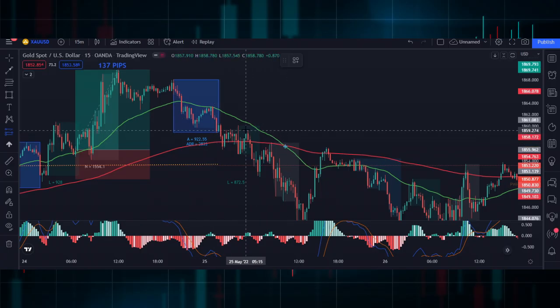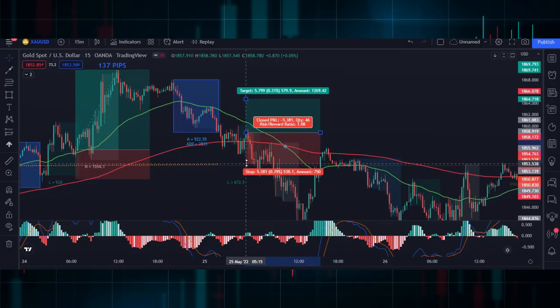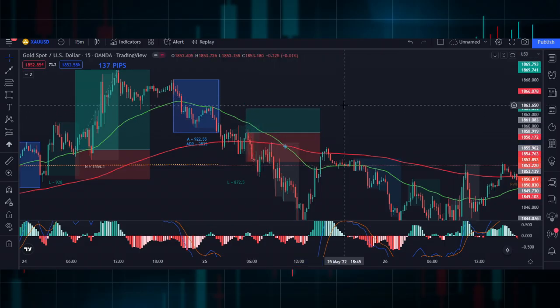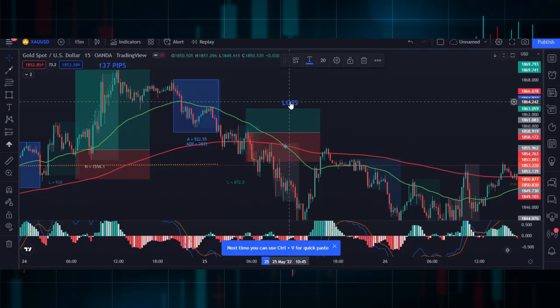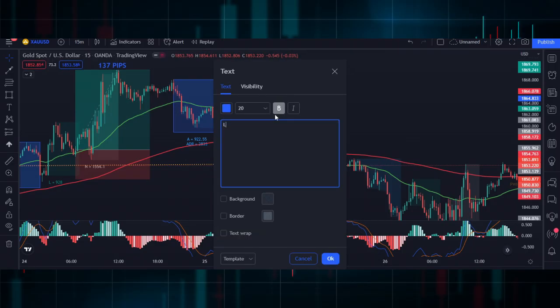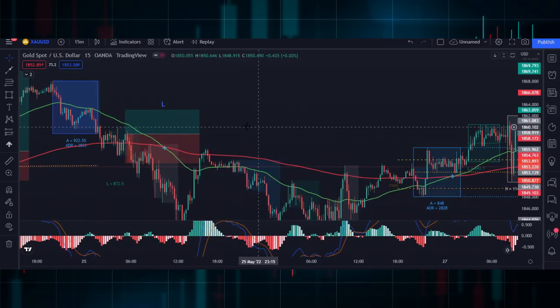So entry would have been right here, 50 pip stop loss, and price didn't go anywhere. So this is a loss, our very first losing trade. Let's put it down as an L. Our very first losing trade.